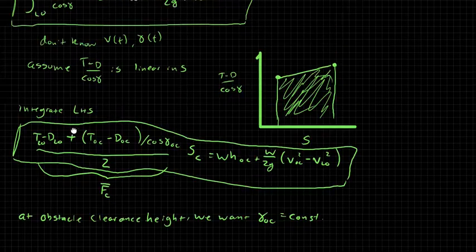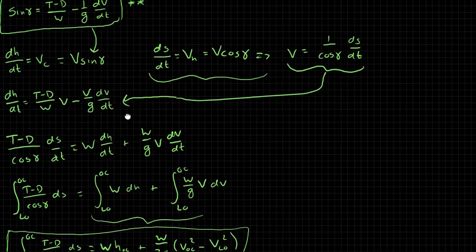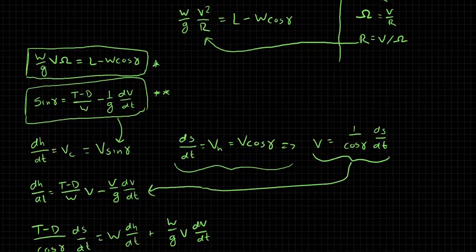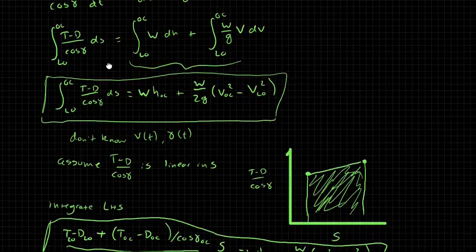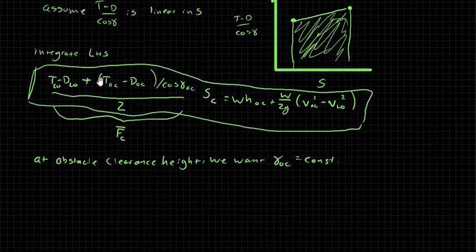So we can go all the way back. Let's just scroll back to this equation right here. And we can use this equation now at the obstacle clearance location, assuming that we now have a constant velocity. So we're going to take off this last term and approximate our obstacle clearance climb angle, or our constant climb angle.